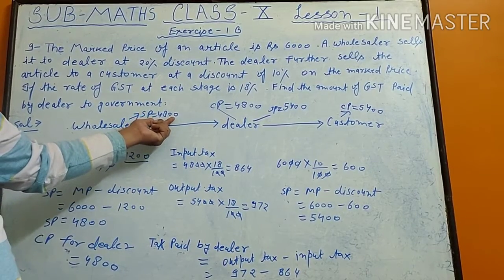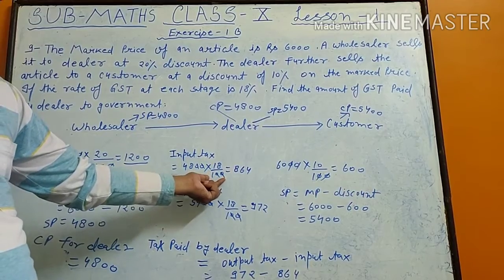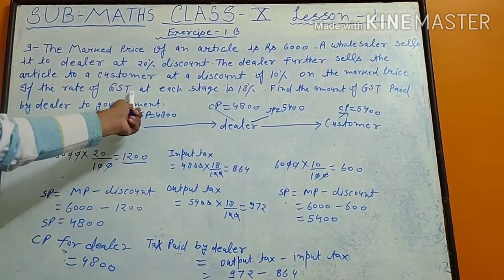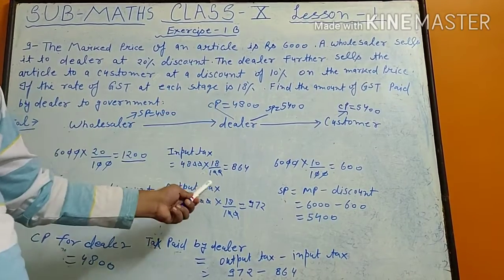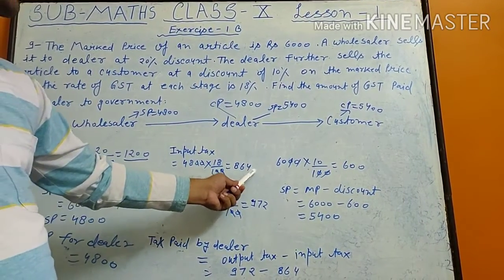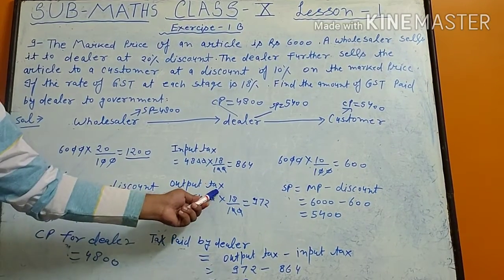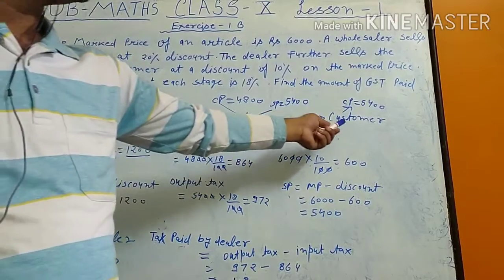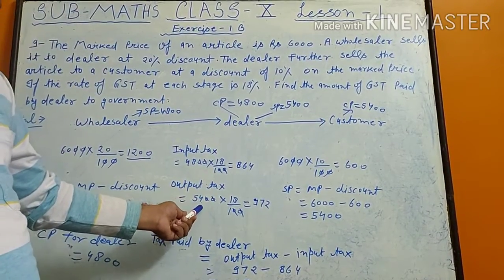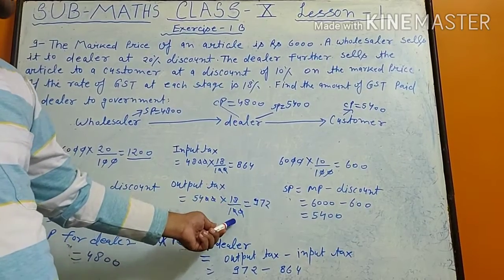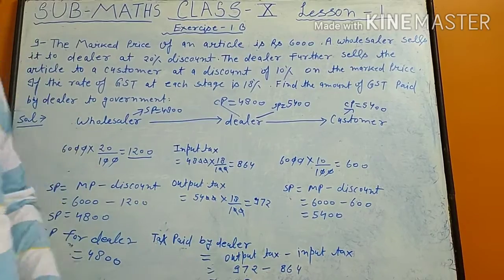The selling price is 4,800 for the wholesaler, so 4,800 into 18%, because the GST rate is 18% at each stage. So 18% is 864. Now the output tax means the dealer sells the product to the customer. So the output tax will be 5,400 into 18%. 0 and 0 cancel, 972.